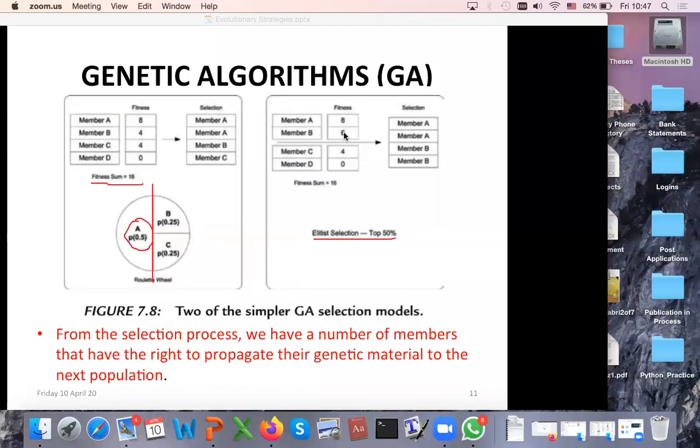If we compute 8 and 6, that is 14, and we can calculate all these, which is 18. Just a minute, I have to enable this annotation. So this is the fitness sum, which is 18.